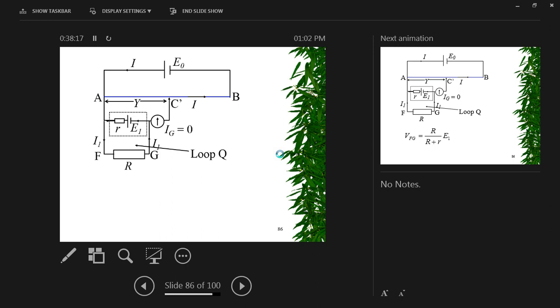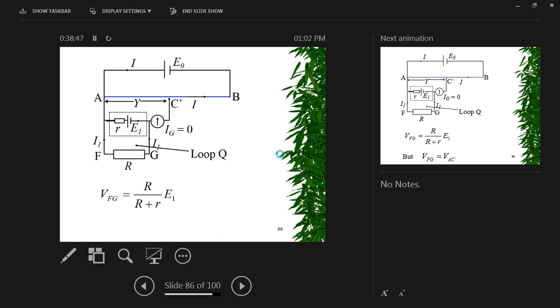So all we need to do now is just write them down in the equation. So VFG is just equal to the ratio of this resistance to the total resistance in this loop times the EMF. This one is just using the potential divider principle. It's saying that when I have two resistors in series, right, the potential difference across one of the resistors is a fraction of the total potential difference, because that ratio is the ratio of this resistor over the total resistance.